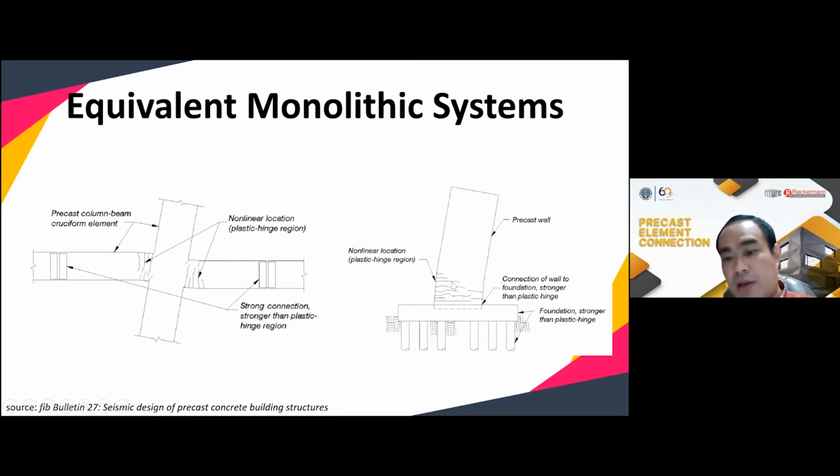Also for the structural wall system, the connection is at the base of the wall. We make this connection stronger than the plastic hinge, so that the plastic hinge will happen at the base of the wall.